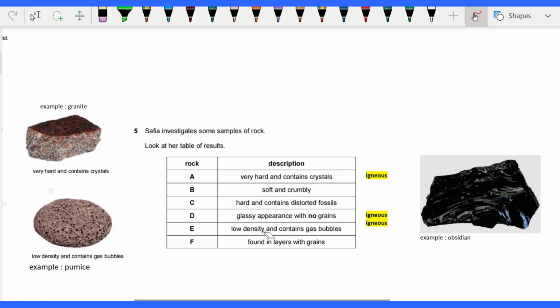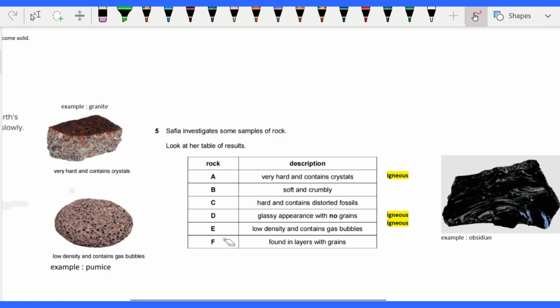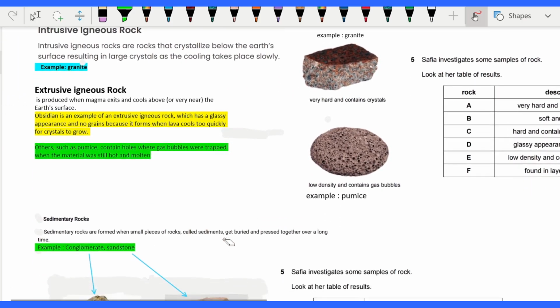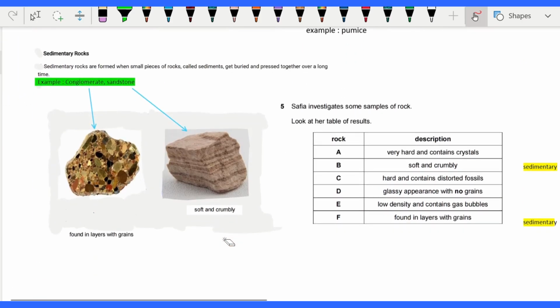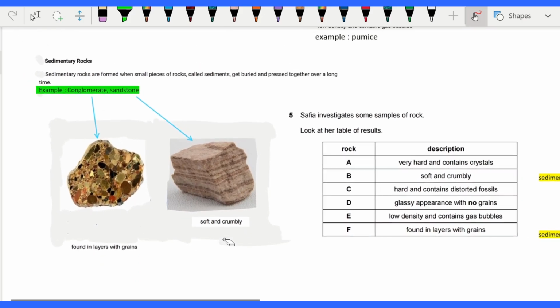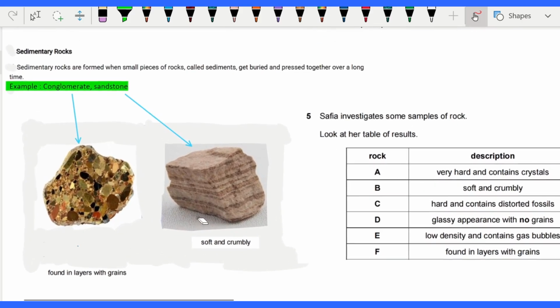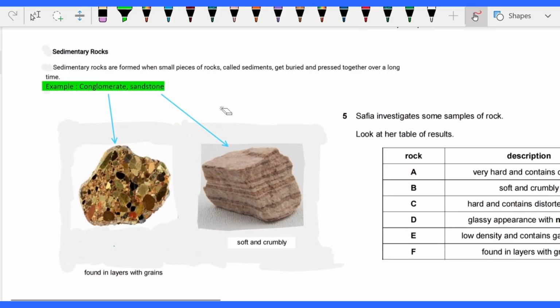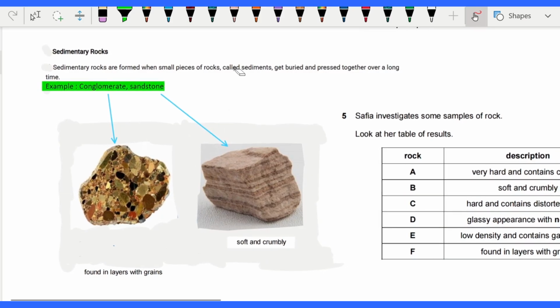Right, so let's take a look at sandstone. B and F are sedimentary rocks. Sedimentary rocks form when small pieces of rock called sediments get buried and pressed together over a long time.